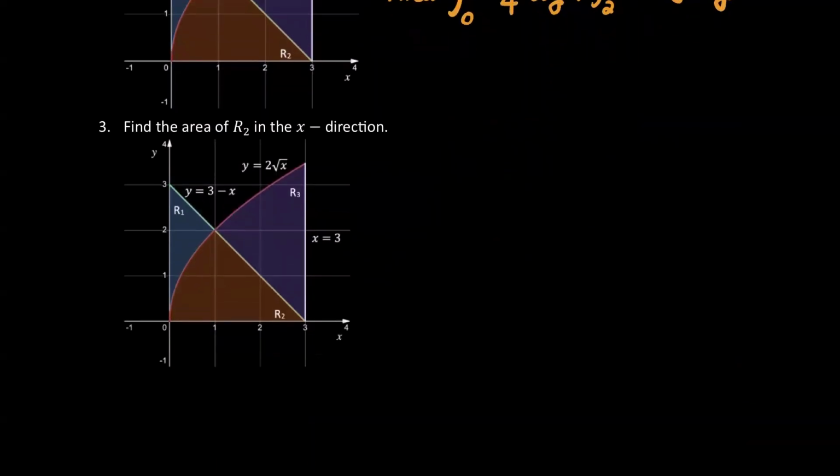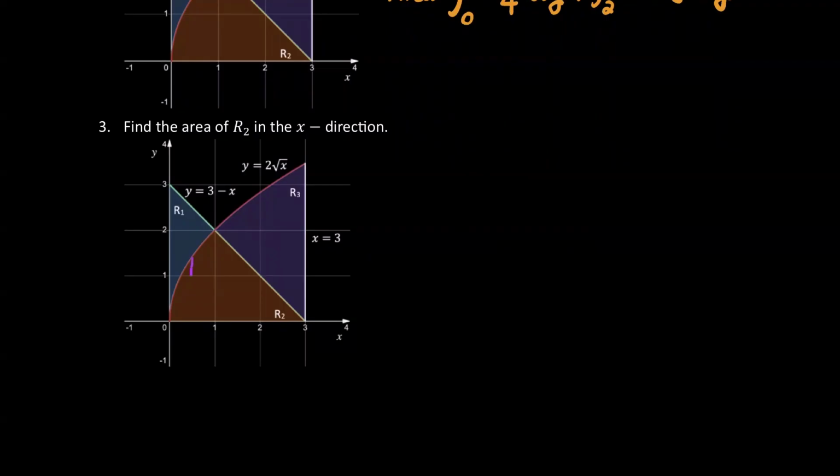Okay, number 3. Now our focus is on region number 2. That's the bottom one. We want to find the area of region number 2 with respect to x. Okay, so with respect to x, the rectangles are vertical kind, and we need to find the height of the rectangles.